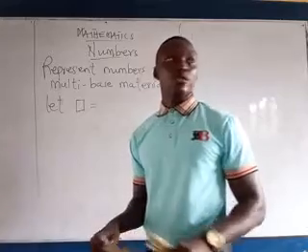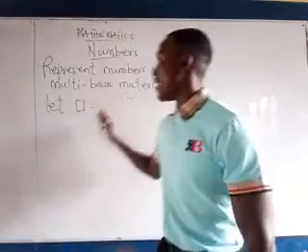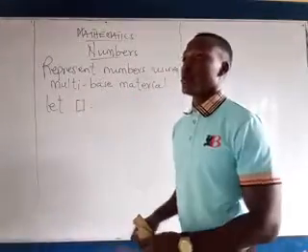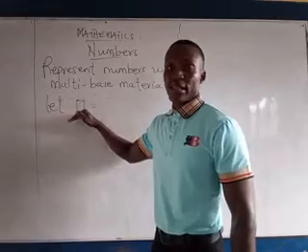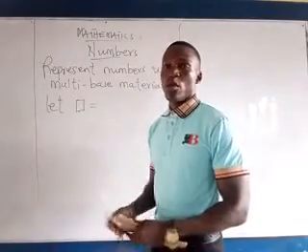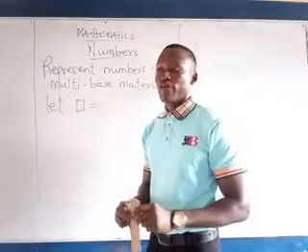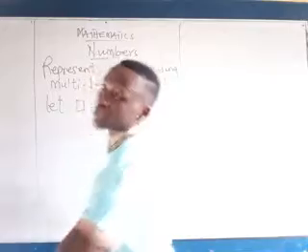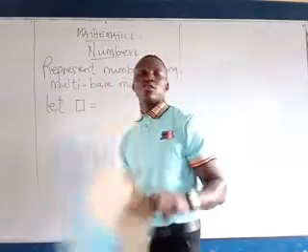So before you can do anything with these numbers, first you will be given what a cube stands for, what a straight edge stands for, and what this flat surface stands for.